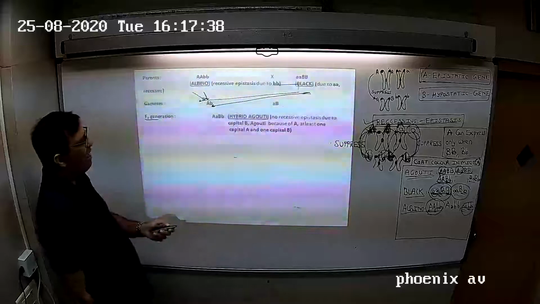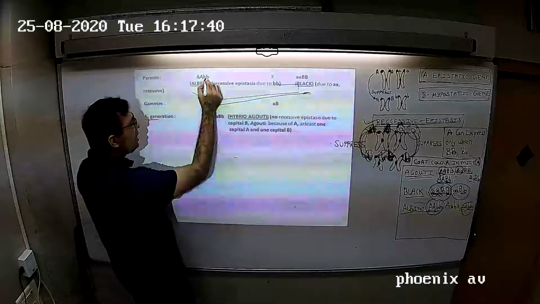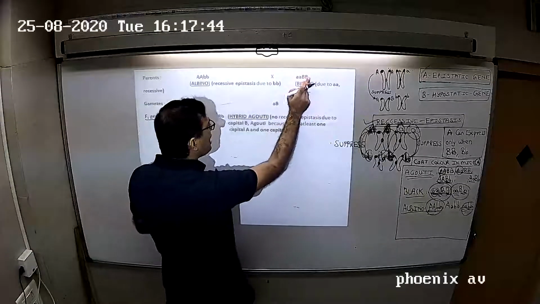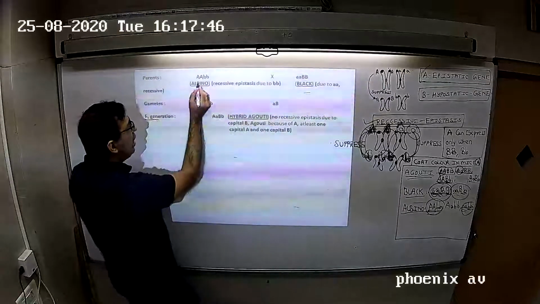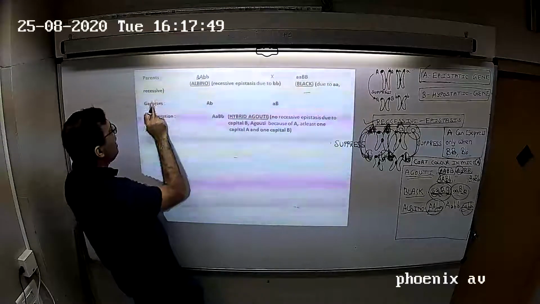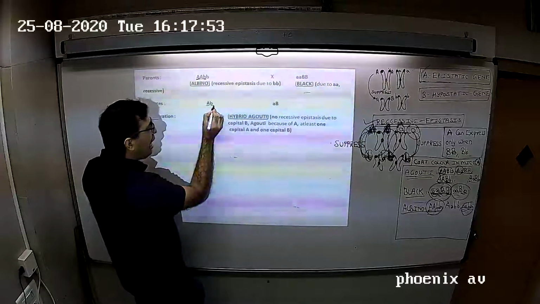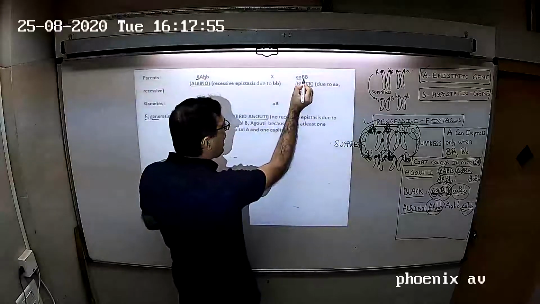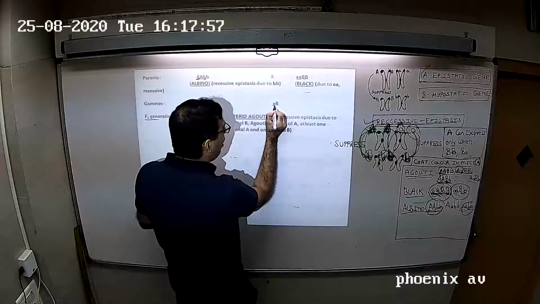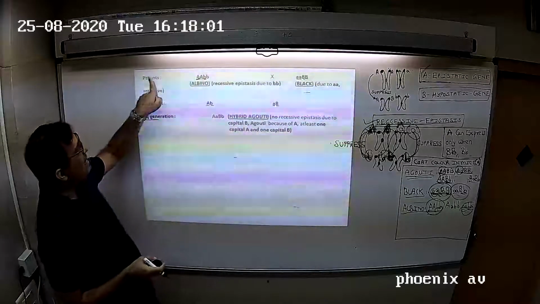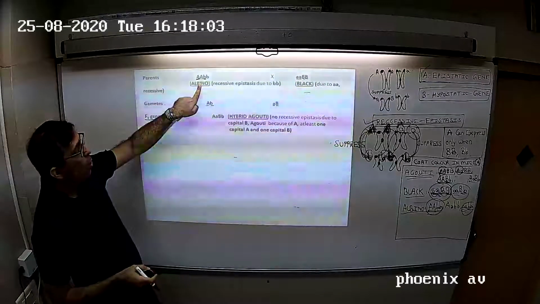I'll show you again: capital A, small b and small a, capital B. Which alleles and gametes will form from which parent? Capital A, small b, and small a, capital B. Why is this parent albino?